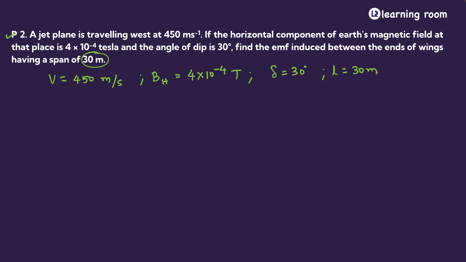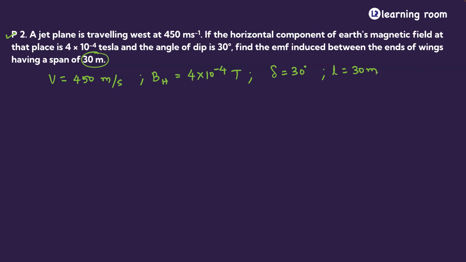Correction: in the previous problem, they gave you the vertical component of magnetic field. Here they have given you the horizontal component, but what have they given in addition? They have given you something called the angle of dip. So for you to find the motional EMF, you need the vertical component of magnetic field, because the vertical component will be perpendicular to this. That's what motional EMF told us, right? The conductor is supposed to move perpendicular to the magnetic field.